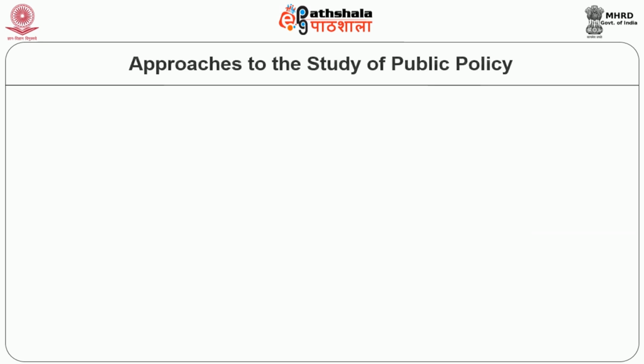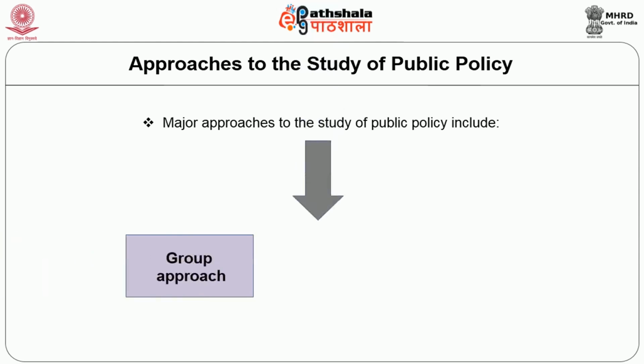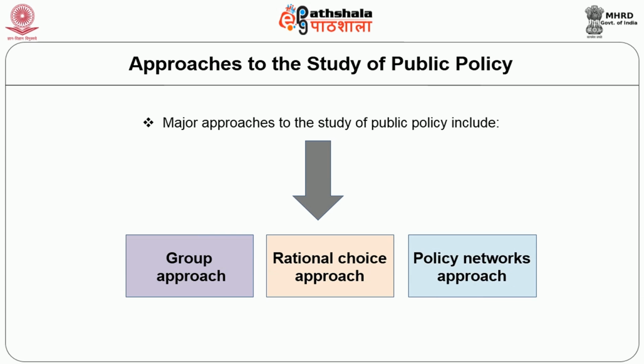As I told you, selected approaches to public policy include the group approach, the rational choice approach, and the third most important one, the policy networks approach. So these three approaches are relevant for us to appreciate the major contributions of several theoreticians of public policy.